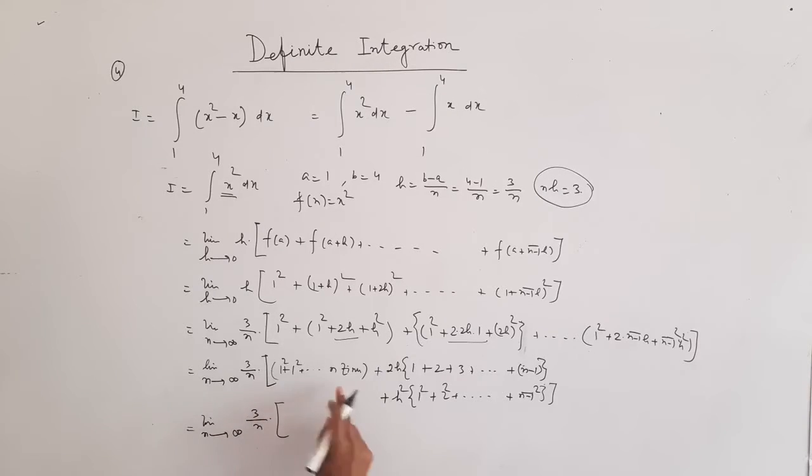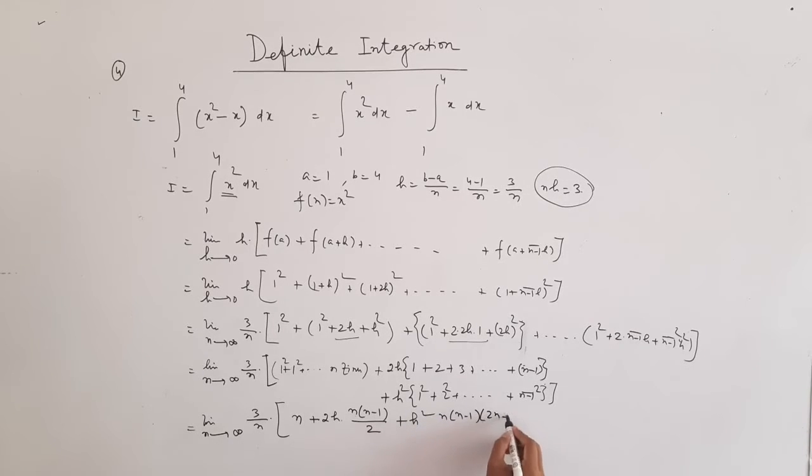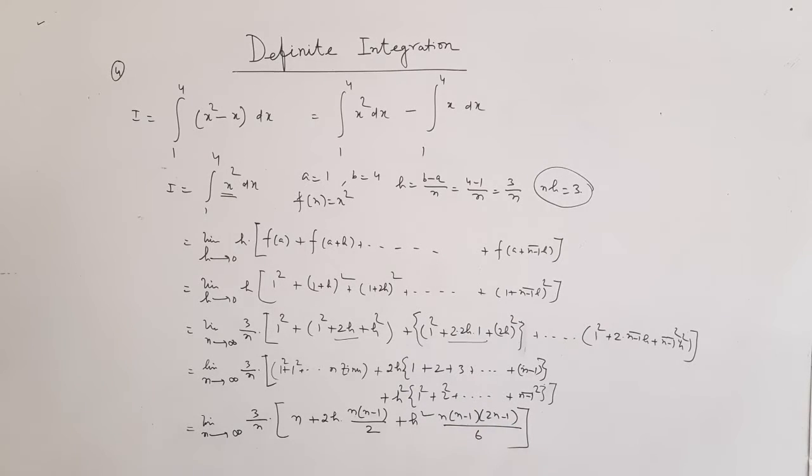If you add 1 n times, this becomes n, plus 2h times the sum of the first n minus 1 natural numbers, that is (n minus 1)n by 2, plus h square times the sum of squares of the first n minus 1 natural numbers. So this becomes (n minus 1)(n)(2n minus 1) by 6. So this part is done here.